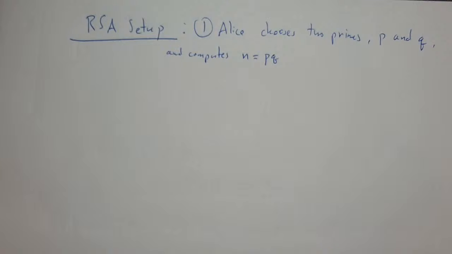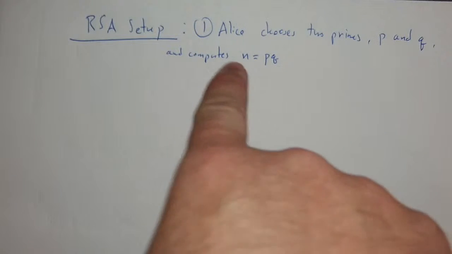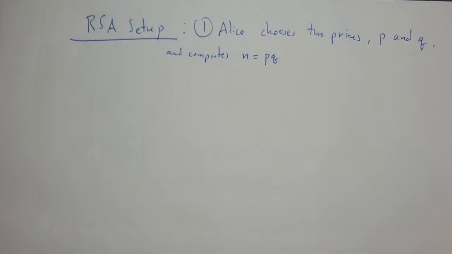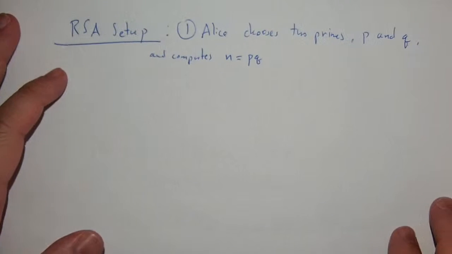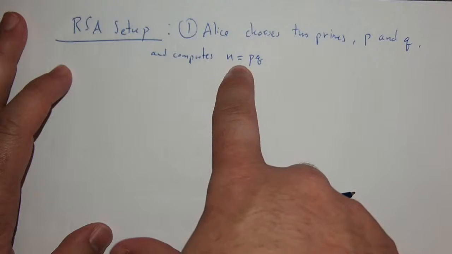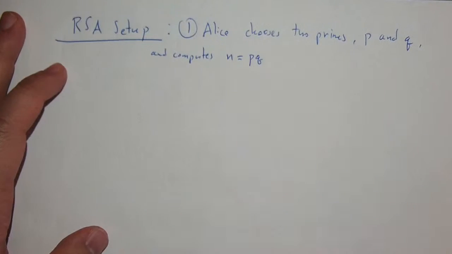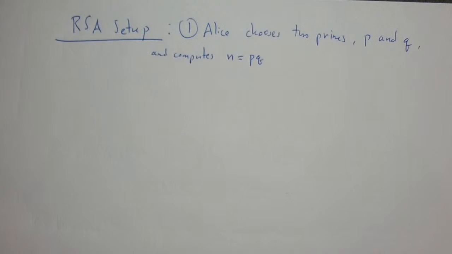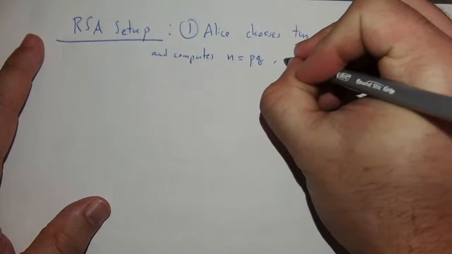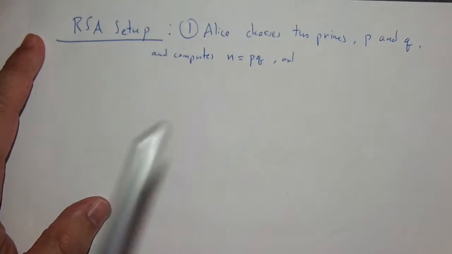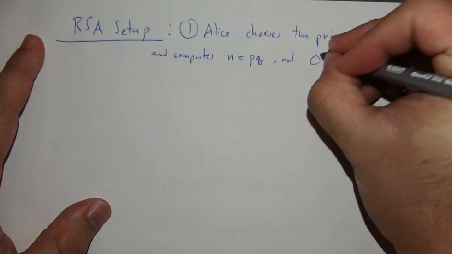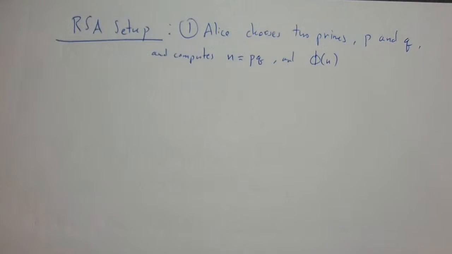Once you have N computed in this way, and as I mentioned before, I'm going to keep a running tally of this as we go along. This step is very easy. This is computationally easy. A computer can multiply two gigantic numbers in no time, right? This doesn't take very much at all. Now, in addition to computing this product, she computes phi of n.